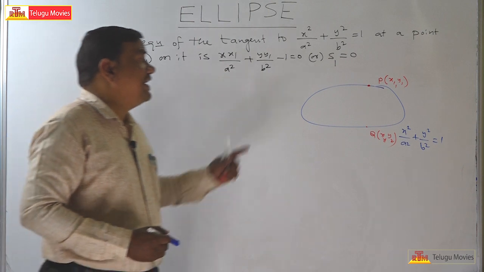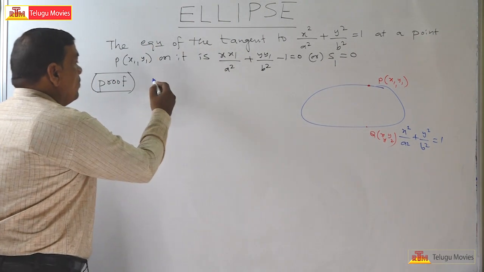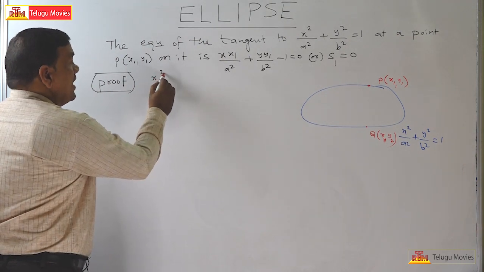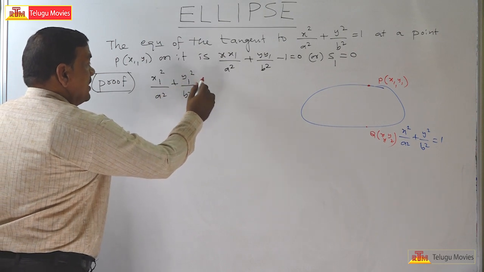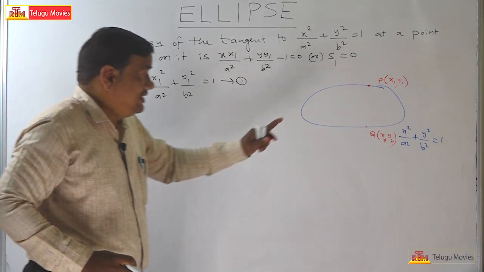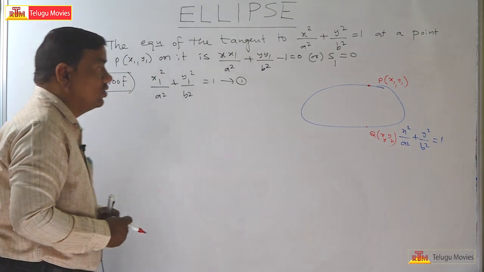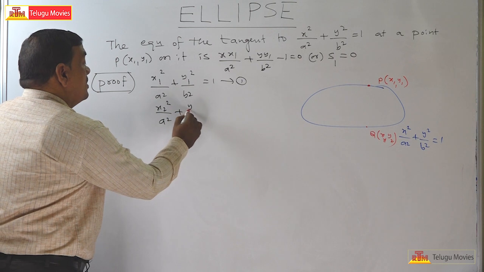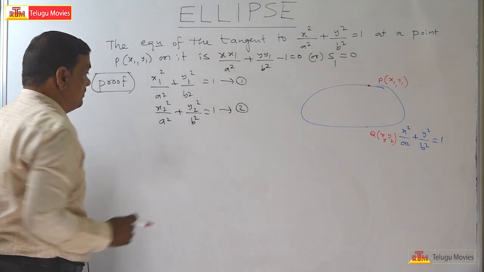So since P x1 y1 lies on the ellipse, we have x1 square by a square plus y1 square by b square is equal to 1, call it equation number 1. Since the point x2 comma y2 lies on the ellipse, we have x2 square by a square plus y2 square by b square is equal to 1, call it second one.